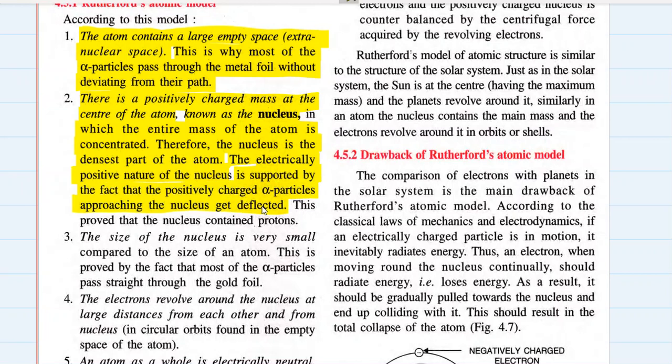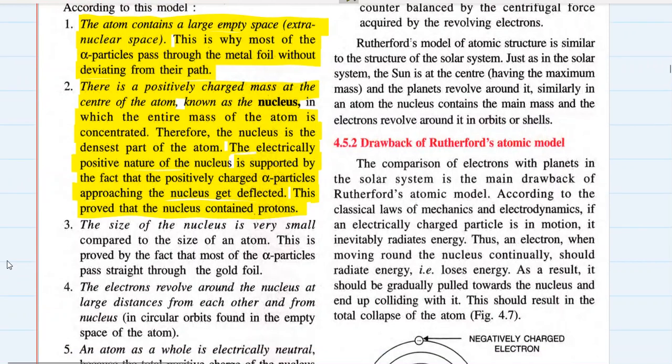Why do the alpha particles, in very few instances, get deflected by large angles and even bounced back? Because of this positively charged nucleus. Because the alpha particle has a positive nature, the nucleus must also be positive to send the alpha particles back in the direction from which they came. This proved that the nucleus contains protons.